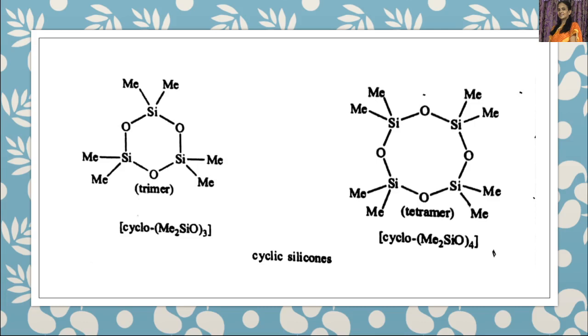And this is another one: Me2SiO taken four times. Such groups, four are present here. So Me2SiO, dimethyl siloxane: one, two, this is 3 and this is 4. So this is a tetramer of this particular monomer, that is dimethyl siloxane.